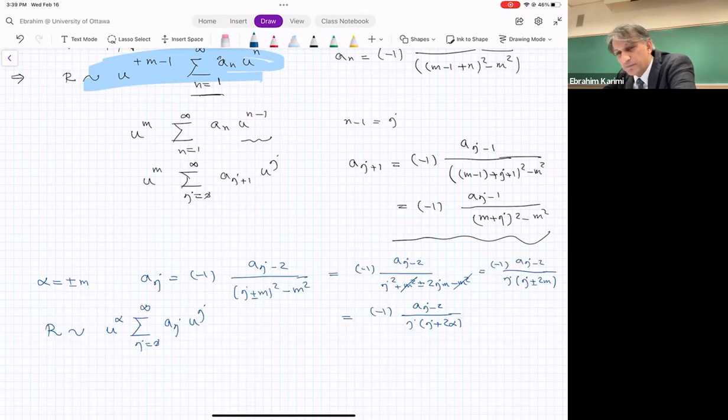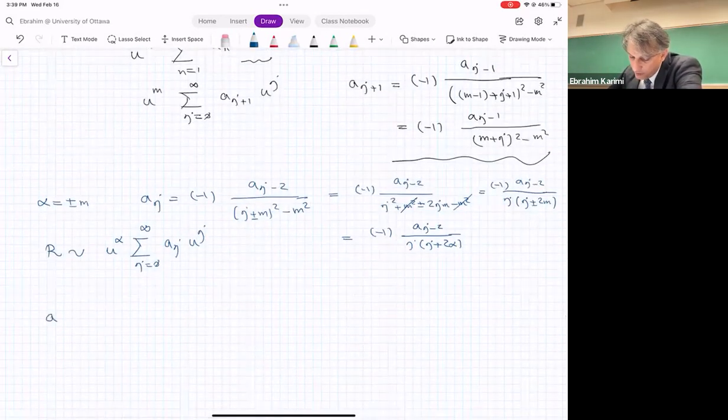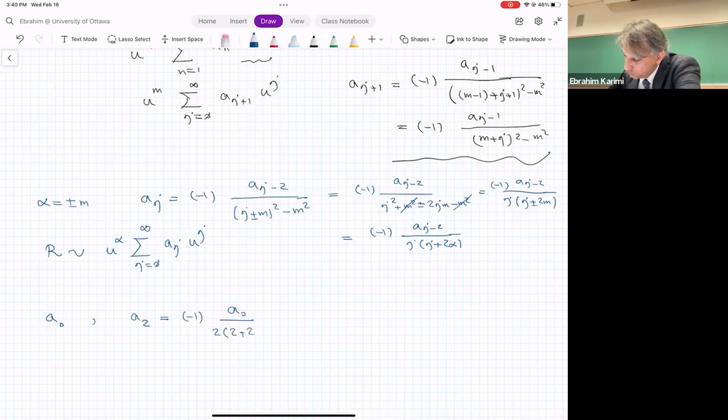In books, usually people don't write it in this way. What they prefer, they say, okay, we know very well that I have a0. And then what I have is a2, not a1, right? Because a1, we assume is 0. What is a2 is given by a0 with the coefficient minus 1 divided by j, which is 2, times 2 plus 2 alpha.